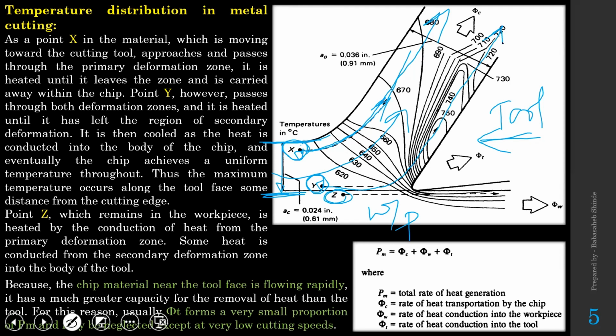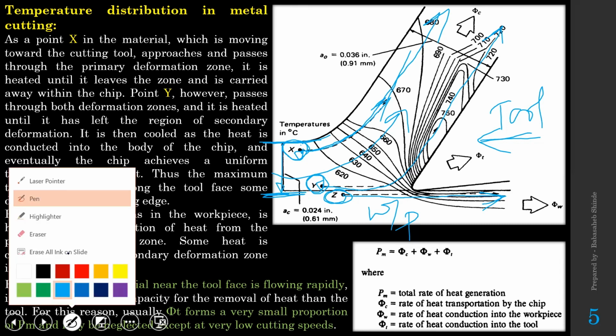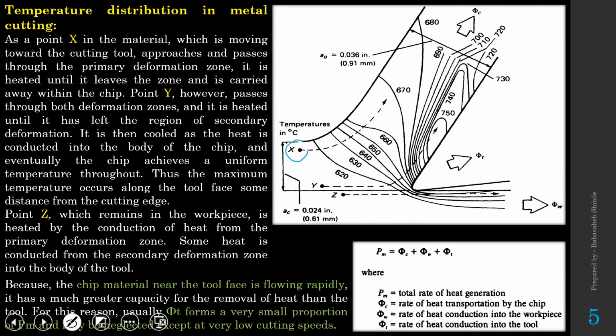Okay, and the third one, that is going to be a part of the workpiece, but that is almost at the surface, so it will remain in the workpiece and it will follow this path. So Z will transfer along that line. Okay. Now, this is our primary deformation zone or shear zone.